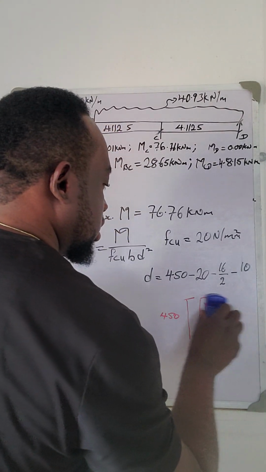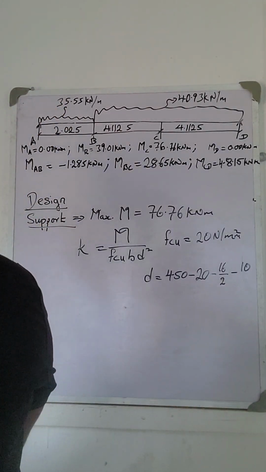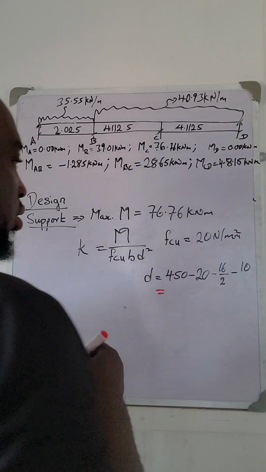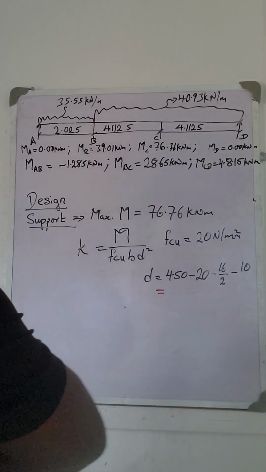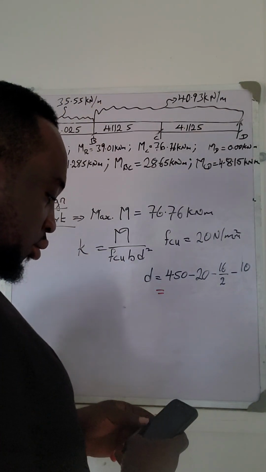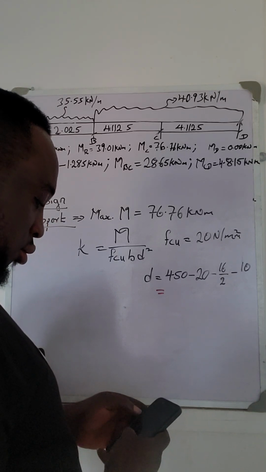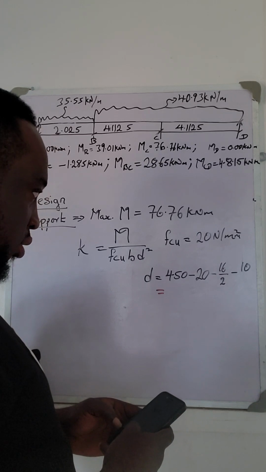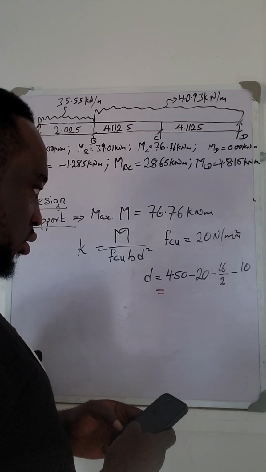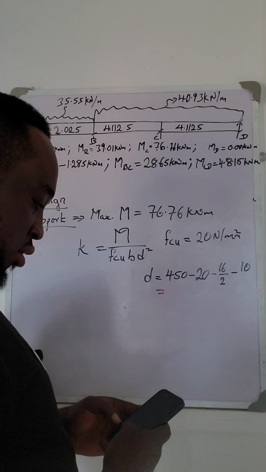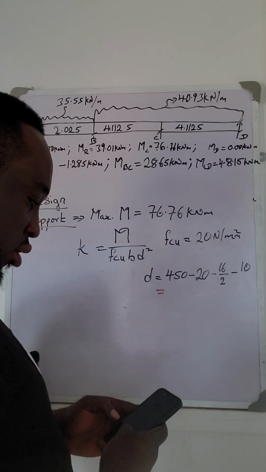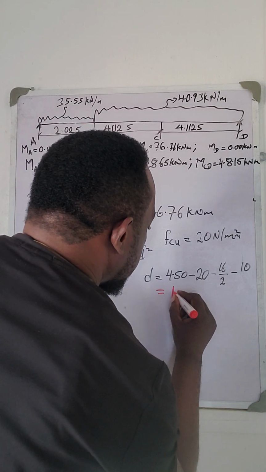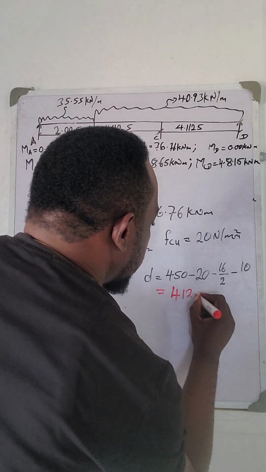So d is equal to, when you compute that, 450 minus 20 minus 8 minus 10. That's 412. We're going to have 412 mm.